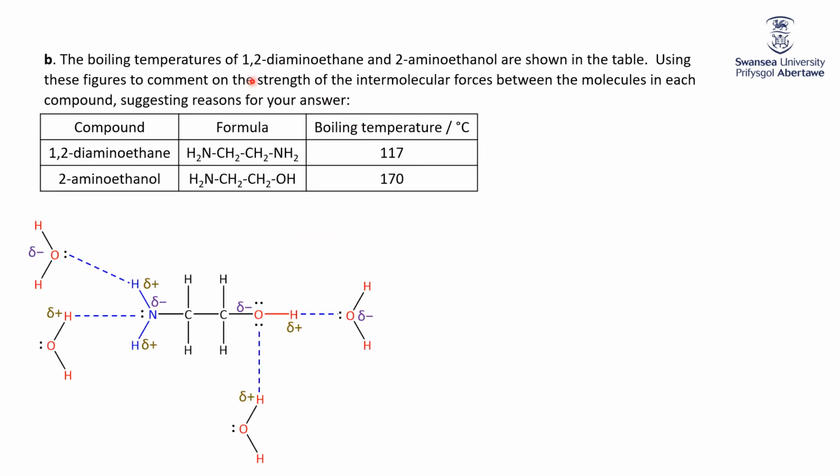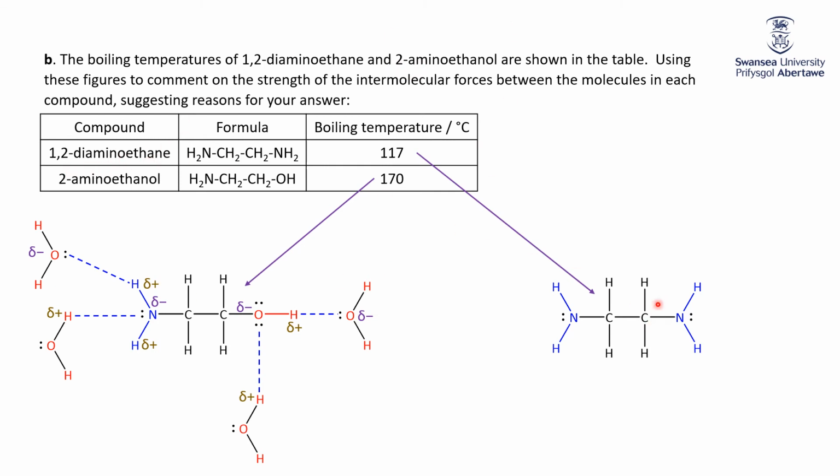Now we're comparing our 1,2-diaminoethane, which is this molecule here, with our 2-aminoethanol right there. The 1,2-diaminoethane has a boiling temperature of 117. The 2-aminoethanol has a boiling temperature of 170. Why such a big difference?